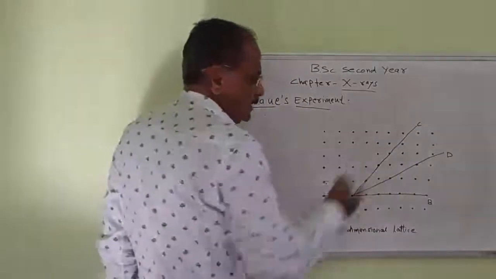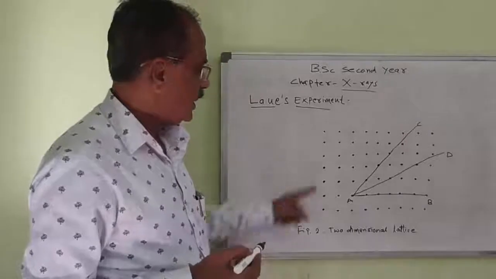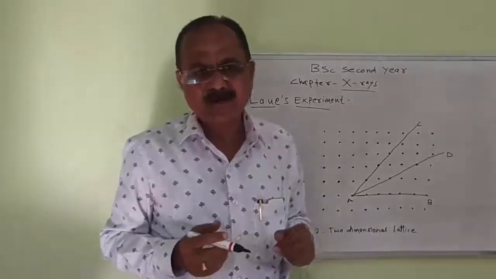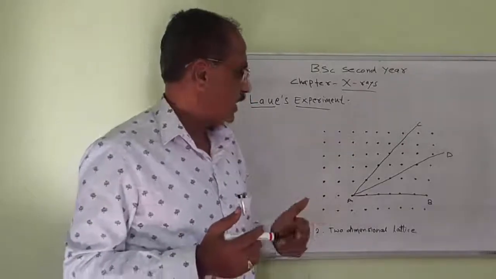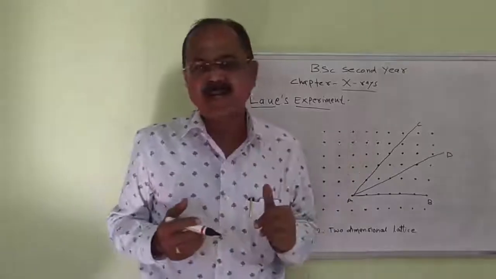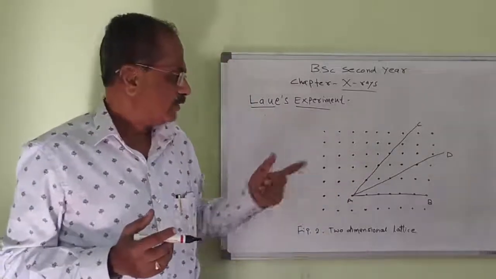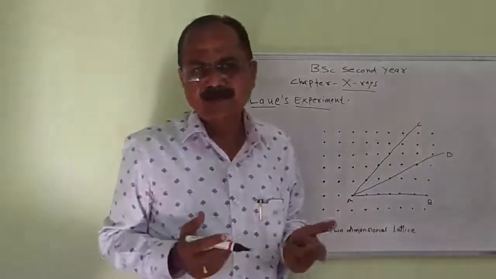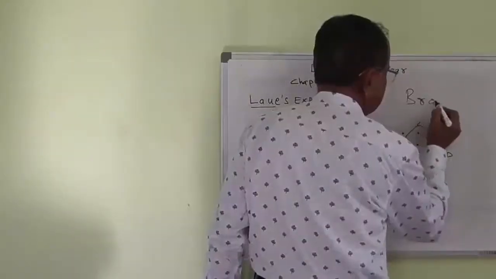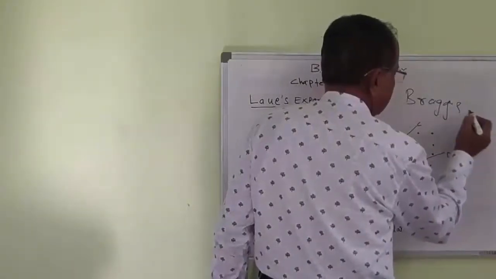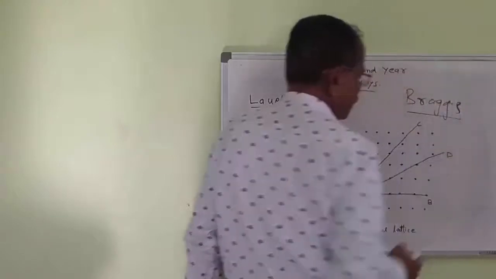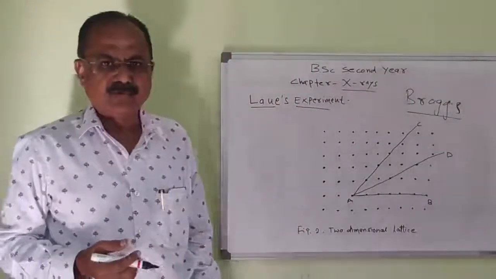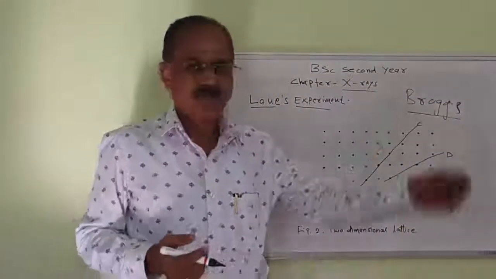Due to this reflection the diffracted pattern is obtained, and the intensity of this diffracted ray is observed and calculated using Bragg's relation. So in the next video we will study Bragg's relation.